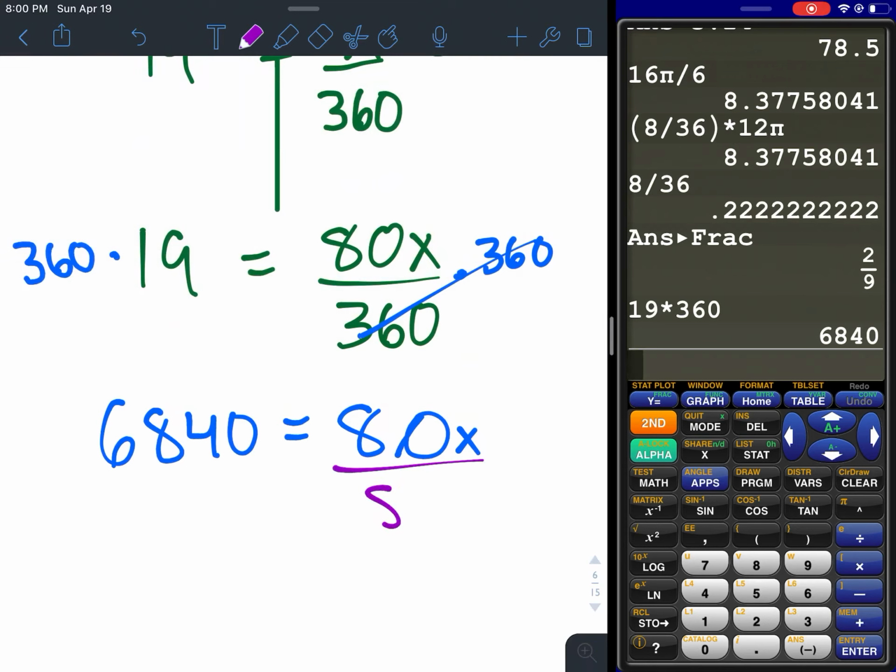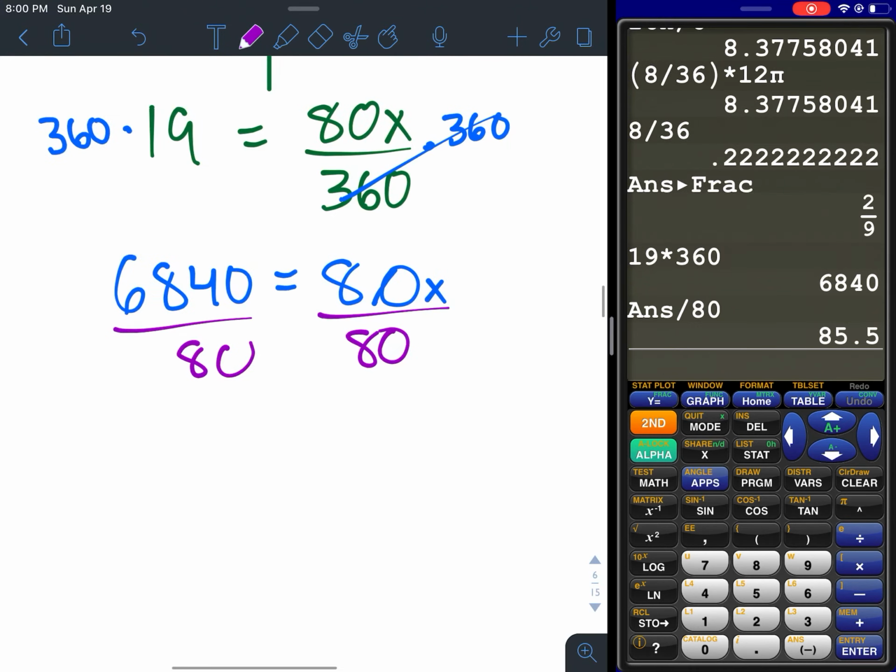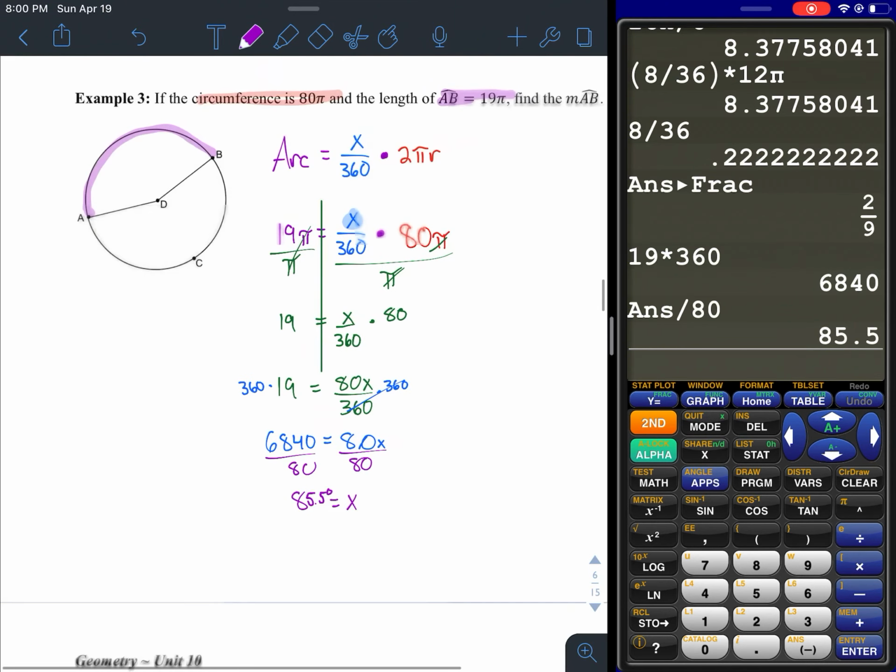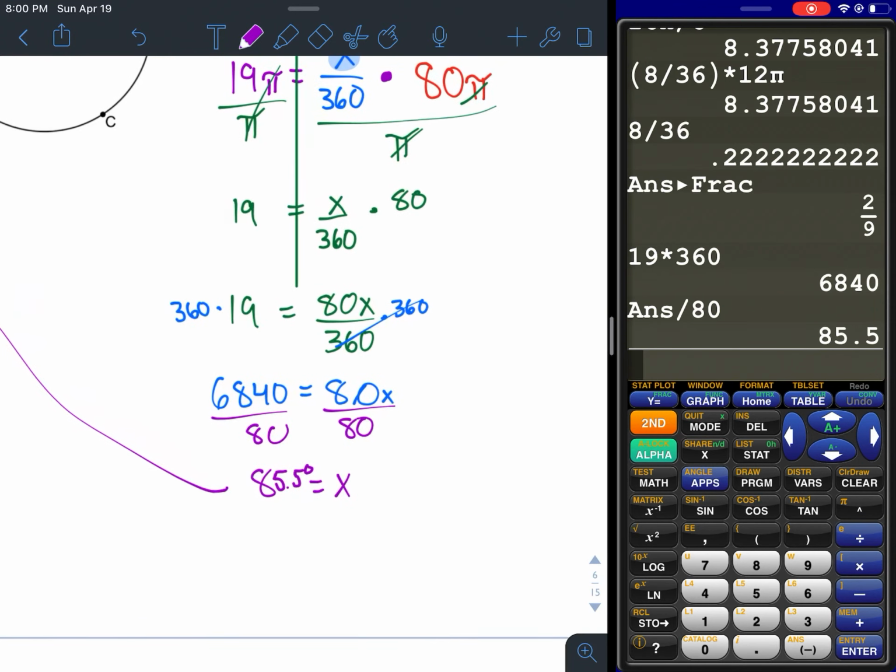Divide both sides by 80. x equals 85.5 degrees. So that is what that length is in degrees.